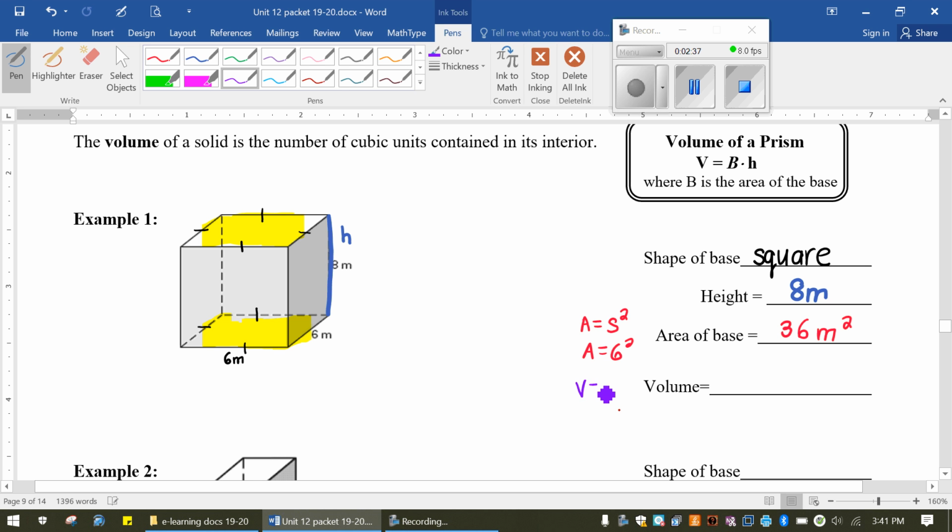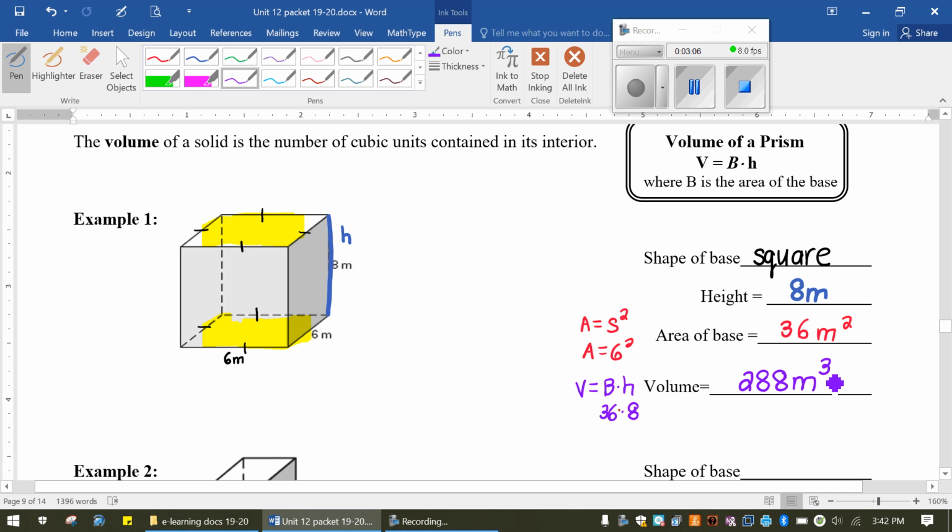Your area of your base was 36. The height is 8. So that's 288 meters cubed. Again, we use units cubed on volume. You were previously working with area, so your units were squared. We're back to volume now, so you're making it cubed.